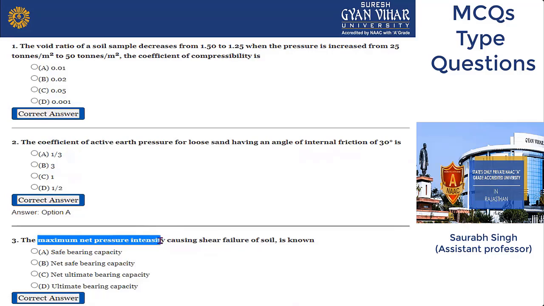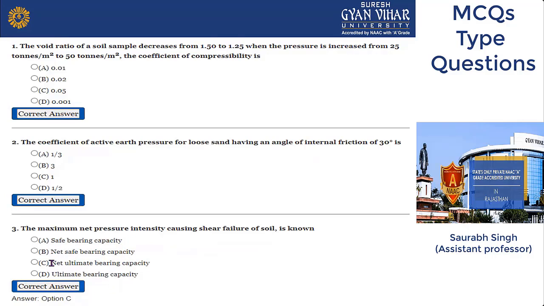There are four options here. The first one is safe bearing capacity, net safe bearing capacity. The third one is net ultimate bearing capacity, as I told you earlier. What will be the right answer? The right answer will be net ultimate bearing capacity. This is also a very important question, and it is related to your bearing capacity, as you can see here.